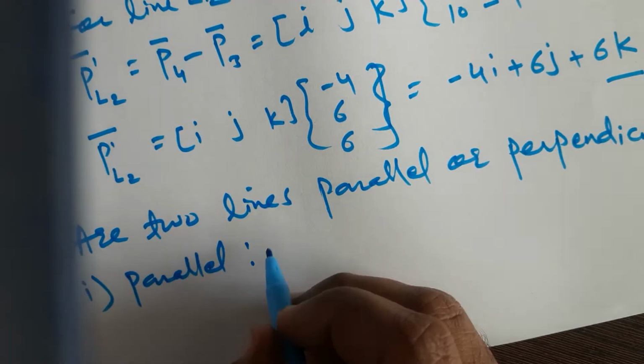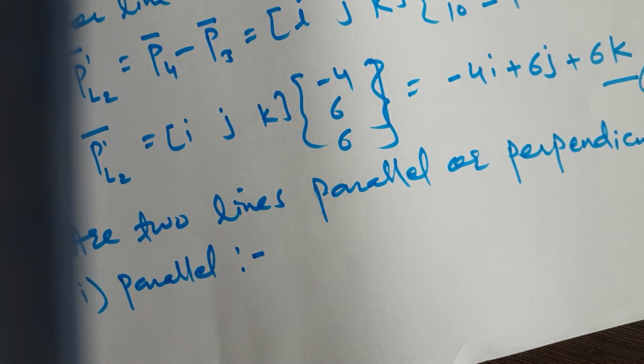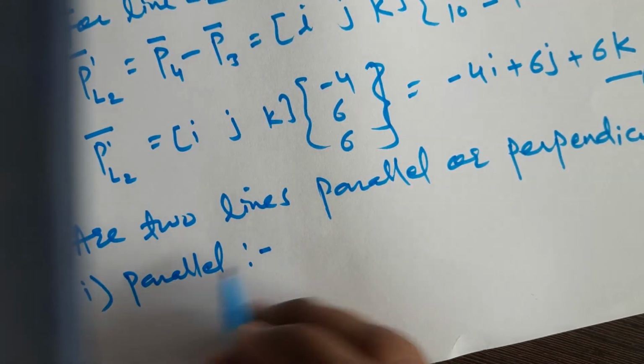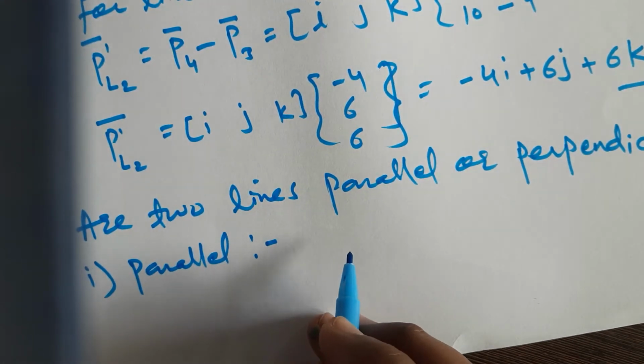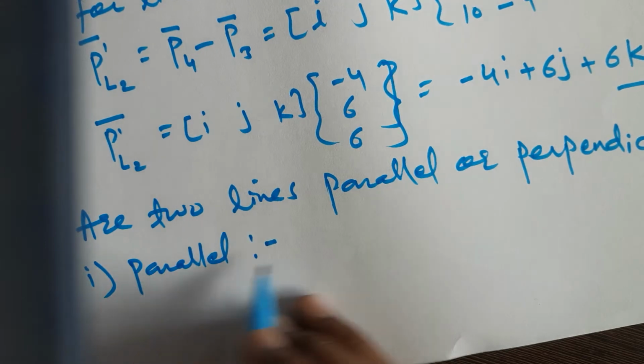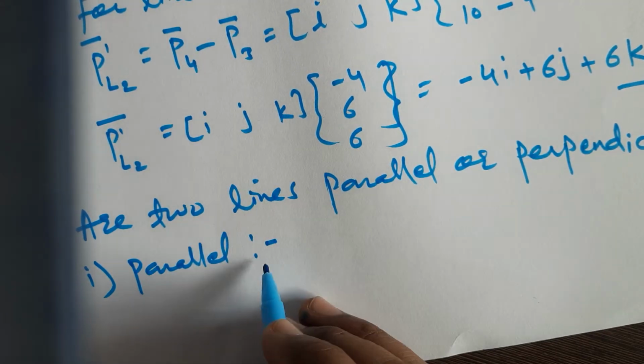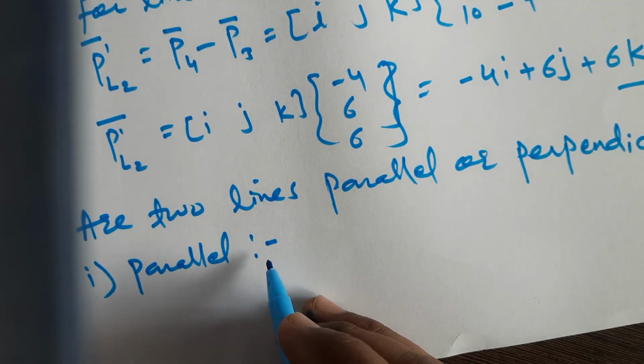Now, in the last video we have seen the different conditions for parallel, perpendicular and intersecting lines. The condition for parallel lines is: when the two lines L1 and L2 are parallel, the cross product of their tangent vectors should be 0.